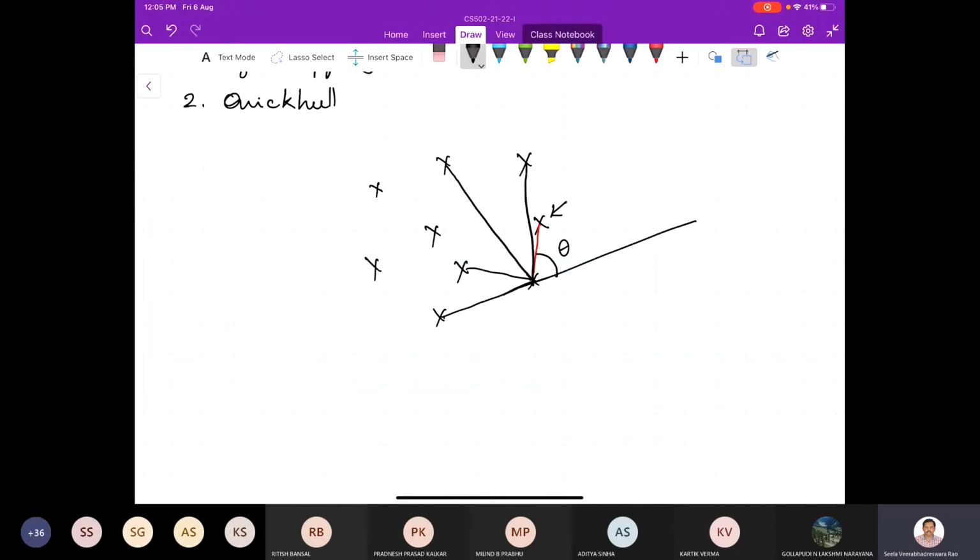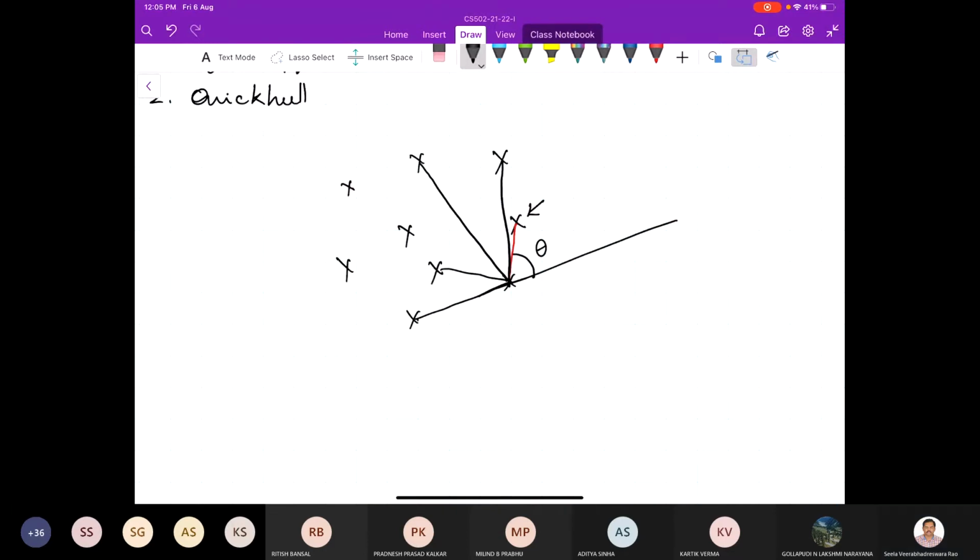Of course, this is not a trivial one, but if you look at this line here, all the points are on one side of this line. That means this edge is part of the convex hull. This is the property we discussed in yesterday's class, and we're using that property. But from a computation point of view, we can measure this angle to identify this vertex.